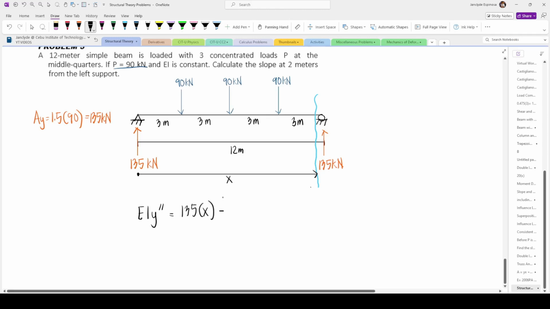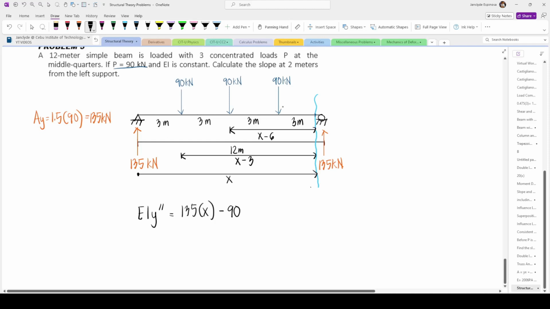And then, minus this load. This is 90. This will cause a counterclockwise rotation about the cut dito. And then, its moment arm about the cut is this distance. Yan. Which is, diba, x minus 3. The whole distance minus this one. And then for the other one, this is x minus 3 plus 3. That gives us 6.